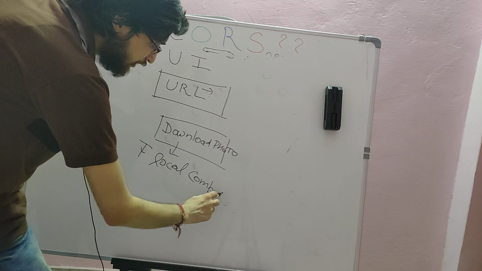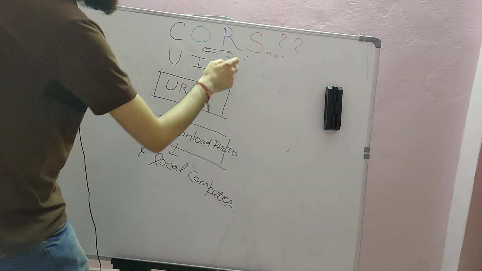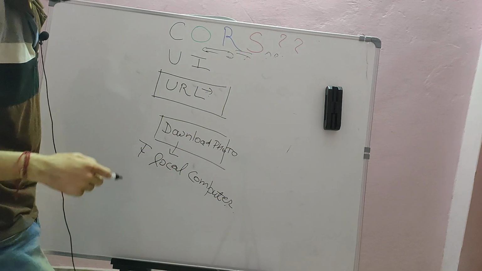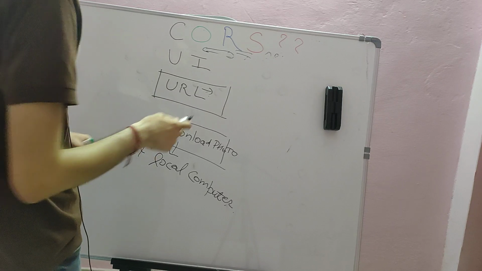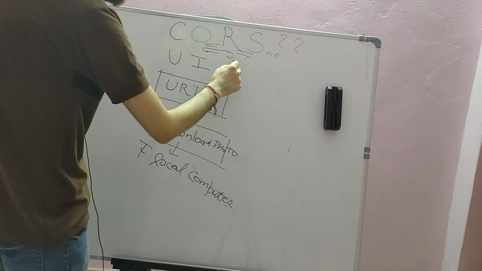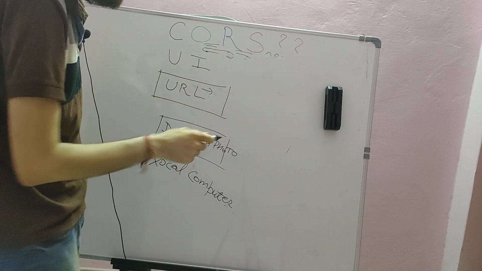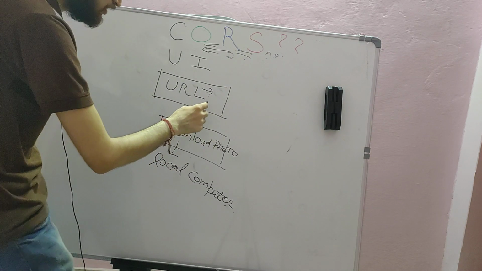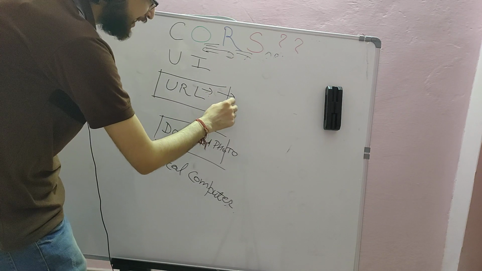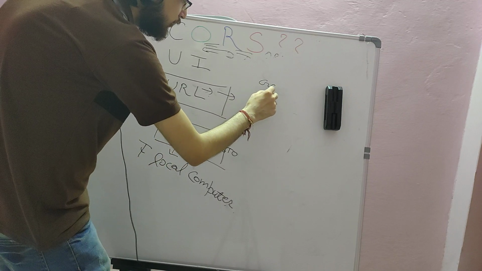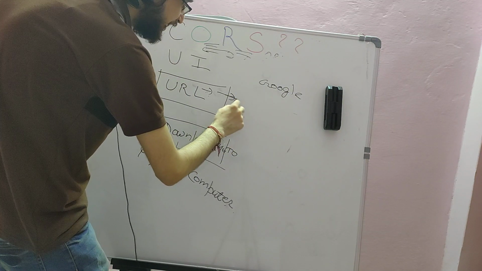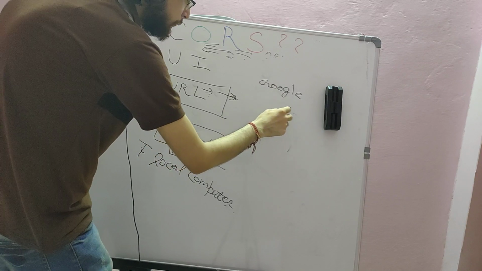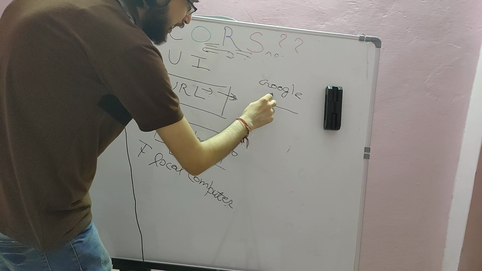But when we come across this concept of CORS, this is impossible. You cannot do that because of CORS, which is cross origin resource sharing. Essentially we write the URL, let's suppose of Google, on which the image is there. We make a GET request, but the server will return an error.